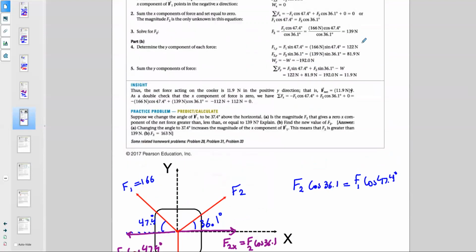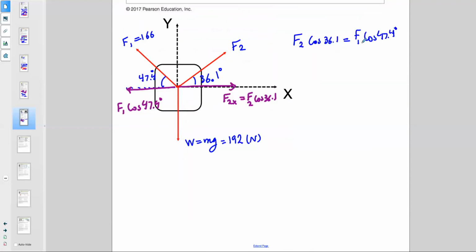Now let's substitute some numbers here. I don't have F2, but I can solve for it. It is F1 cosine of 47.4 degrees over cosine of 36.1 degrees.